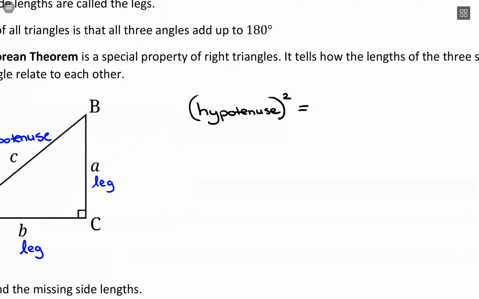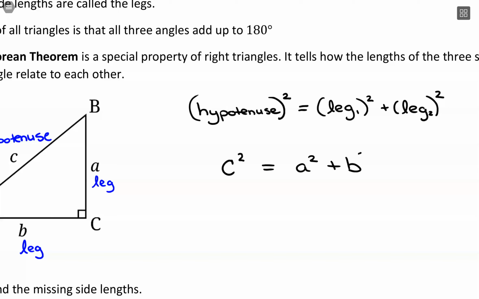So what's key with this formula is that the hypotenuse has to be on one side of the equation. Then the other side is made up of the sums of the legs. Common mistake is to throw in the hypotenuse for one of these leg values, which you can't do. So the hypotenuse squared is equal to the sum of the legs squared. So using the letters, the hypotenuse is c, so c squared is equal to a squared plus b squared. And that's our Pythagorean theorem.